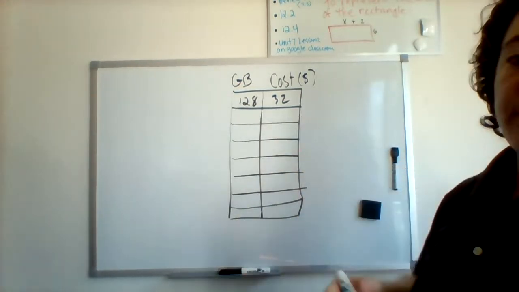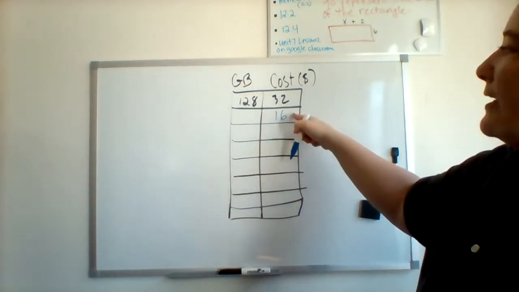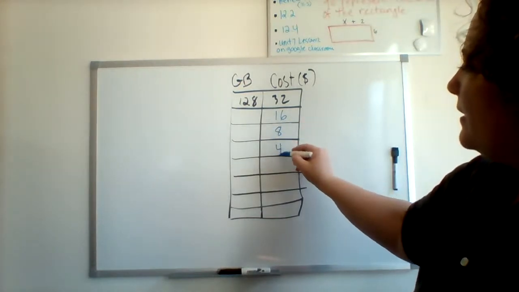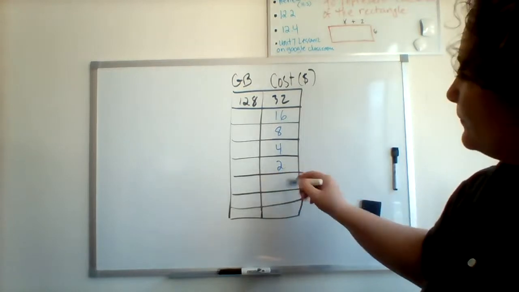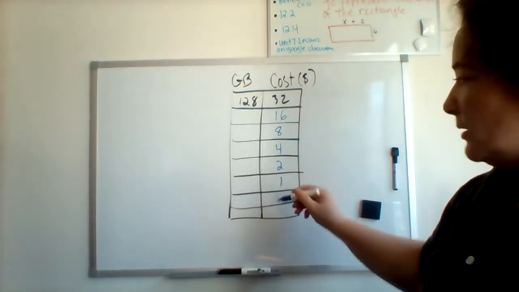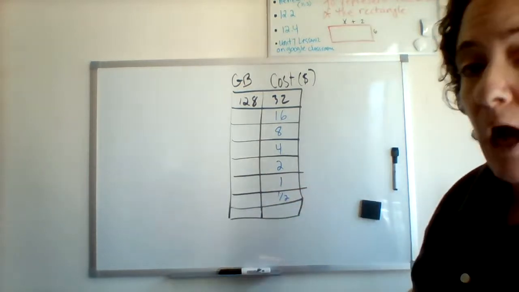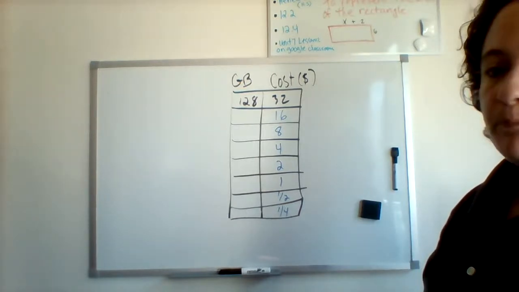We already have half of 32. You told me that it was 16. You already have half of 16. It was 8, half of 8, half of 4, half of 2, half of 1 would be half a dollar. Half of a dollar would be 25 cents.